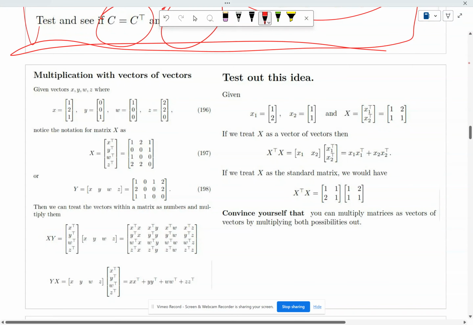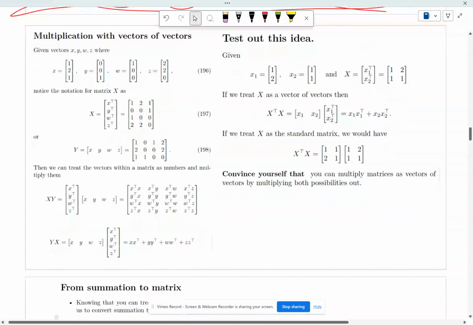So if we do the outer product here, notice this vector multiplied by x, and then you take this vector multiplied by y, this vector multiplied by y. So this is the outer product. If you were to multiply this out, it would work. This would be the same as if you did the matrix multiplication.